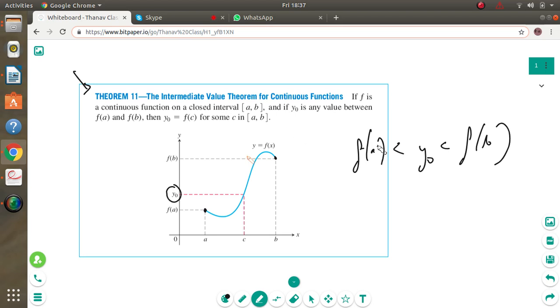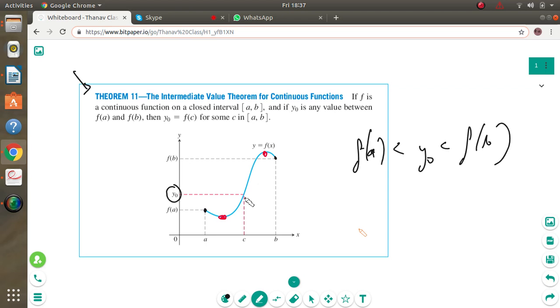So it is between those two points, and these end points themselves do not come under this theorem.